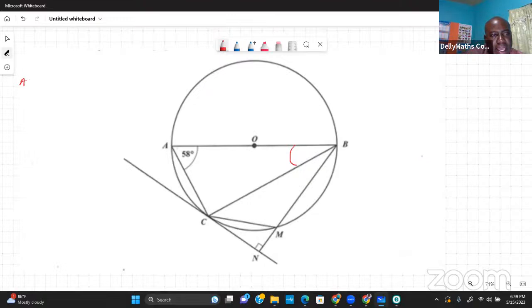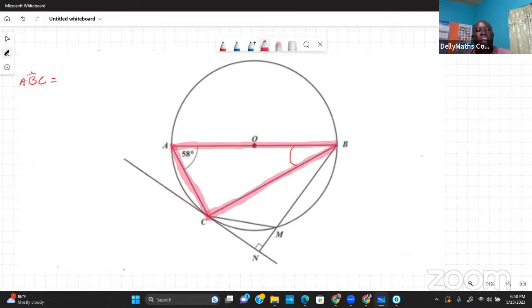So we want to find ABC. Take a good look. This is a diameter. Because of that, you're going to notice this nicely formed triangle that was cut out in the semicircle for you.